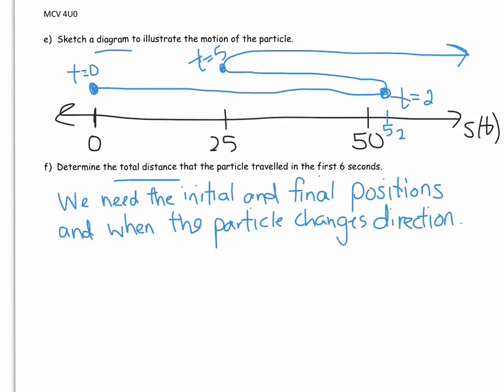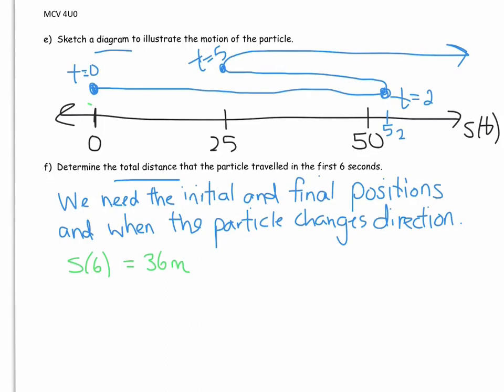We already have these positions: we already knew S at 0, S at 2, and S at 5. The only piece that we're missing is S at 6, since I'm asking during the first 6 seconds. You can plug that in and see that you get 36 meters.